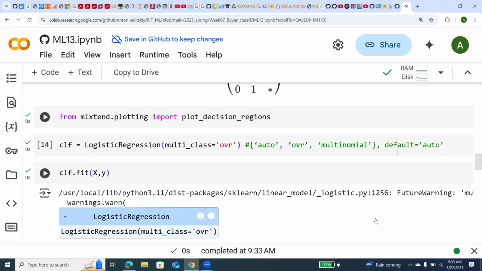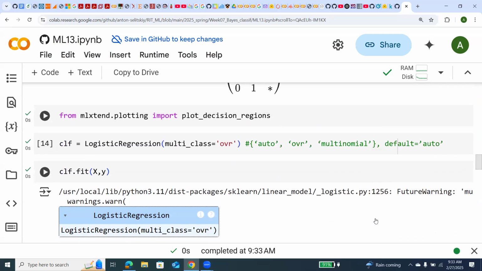And finally, we can use the built-in logistic regression when we assign a linear function to every class. But there are different parameters.